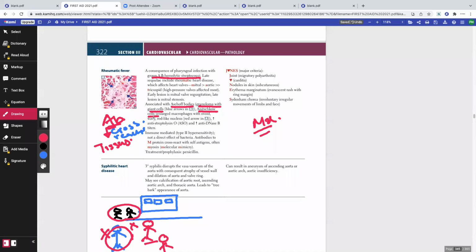And over here in rheumatic fever, there is a possibility that these antibodies can attack two regions. One is the valves, another one is your glomerulus. Yes or no? So after infection, can we get formation of Anitschkow cells and Aschoff bodies in the mitral valves?